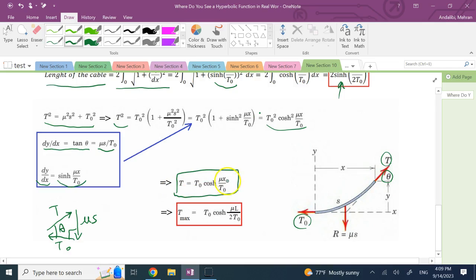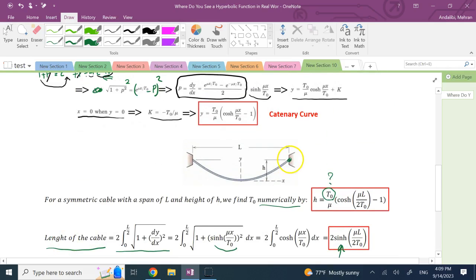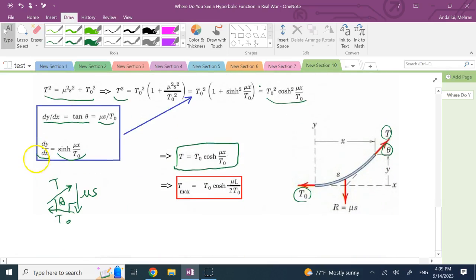And of course, it's a function of x, and cosine hyperbolic is an increasing function of x, right? So when x gets bigger, this cosine hyperbolic gets bigger. So the maximum tension is where x is maximum, and x is maximum at L over 2. So at this point and at this point, you have maximum tension, and that maximum tension is this function that you can see.